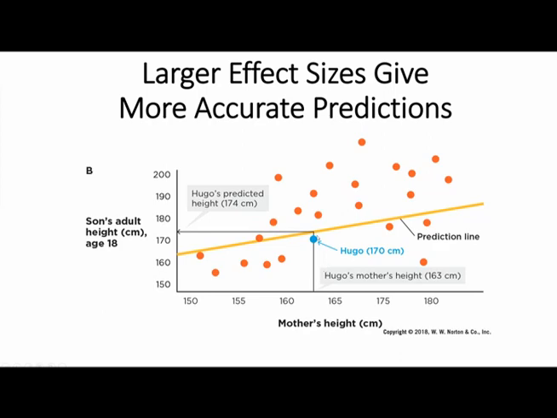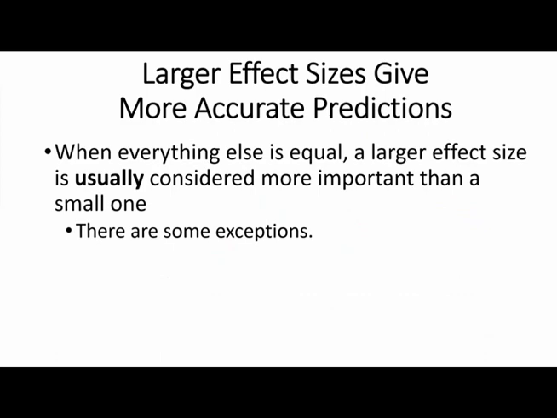If we could predict Hugo's height with an R of 0.03, then we really have no idea how tall he's going to be, and maybe we don't care anymore. But if we have a 0.03 correlation that might lead to saving a life, then it might be something that's worth doing. So that's one of the exceptions to having a large effect being the only time we care.